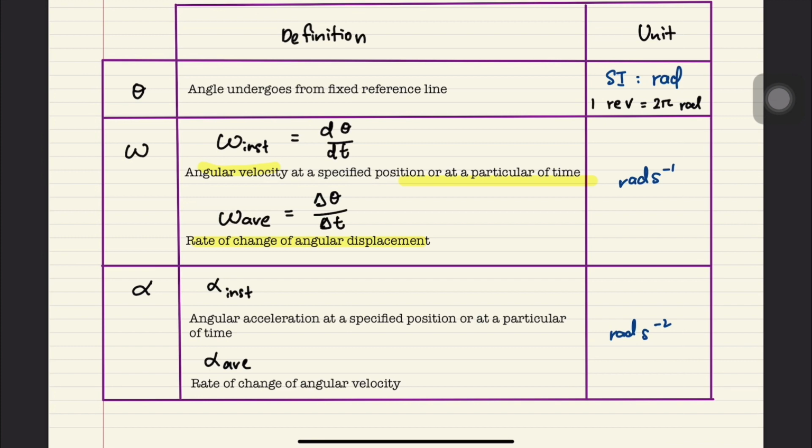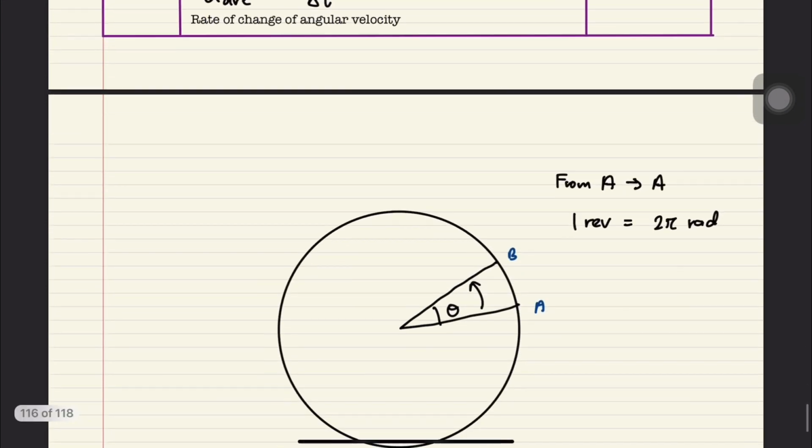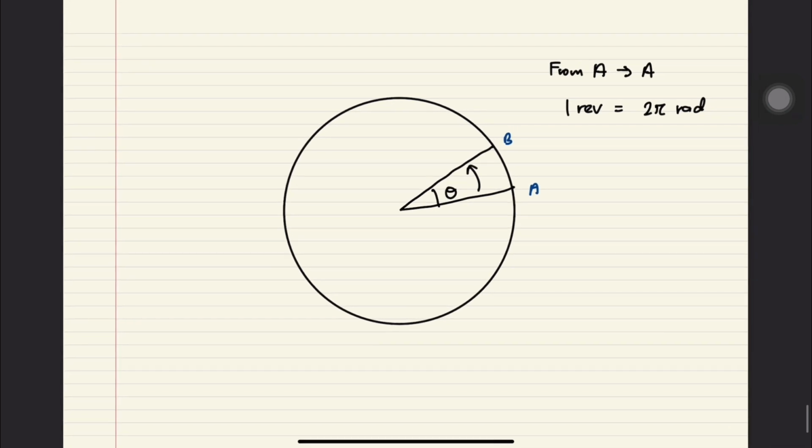So it's slightly different in terms of formula, and how to use this formula is very similar to topic 2. You have ds over dt and delta s over delta t. And for instantaneous it is very similar: this one becomes d omega over dt, and this one is basically delta omega over delta t. So that's the difference between average and instantaneous. But most importantly, if we are talking about one complete circle, omega is very similar to velocity, right?